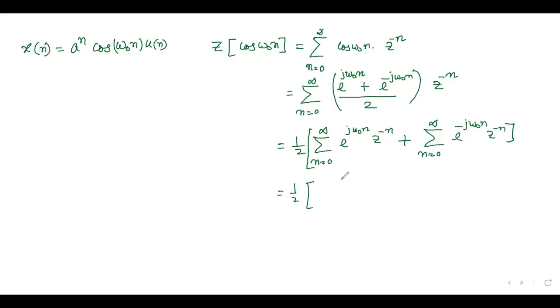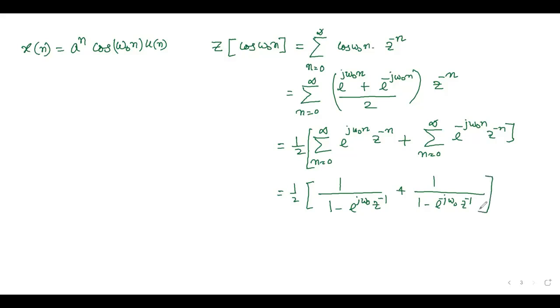It is 1 by 1 minus e to the power j omega 0 z inverse. I am directly writing the result; you may check this sum in my first class on Z transform. The other sum is 1 by 1 minus e to the power minus j omega 0 z to the power minus 1.